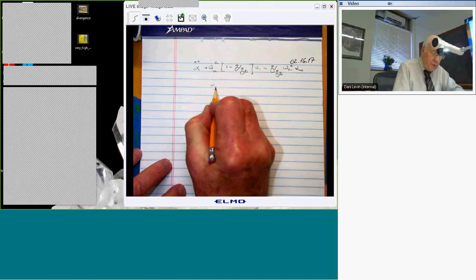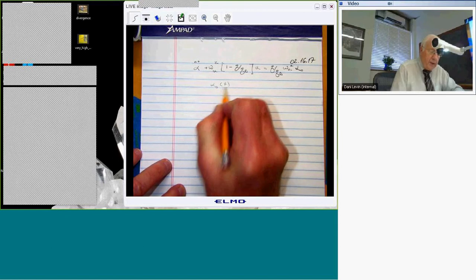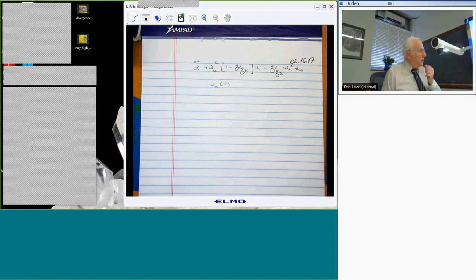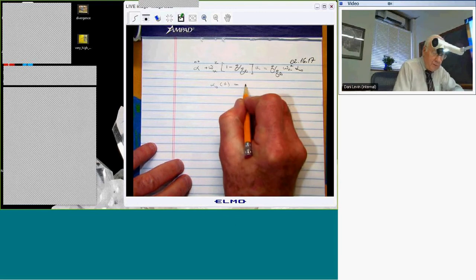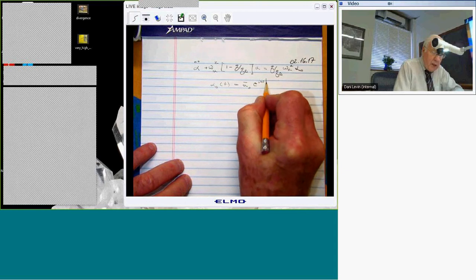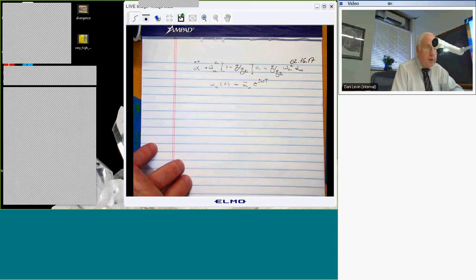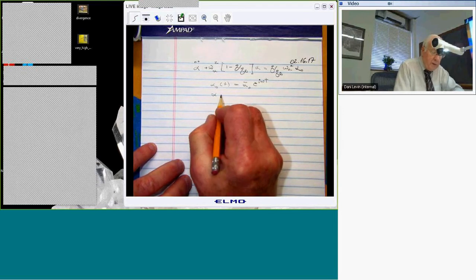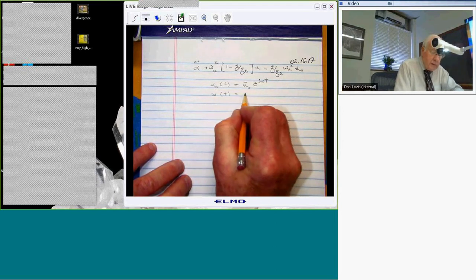So since we want to do a dynamic problem, we want alpha naught and alpha both to be a function of time. And the simplest case is simply harmonic motion in time with a single frequency omega for both alpha and alpha naught.